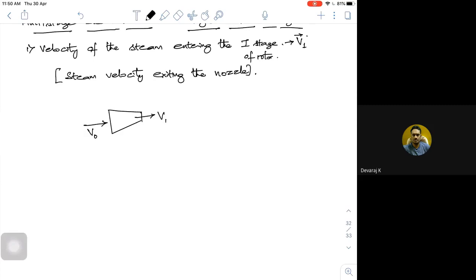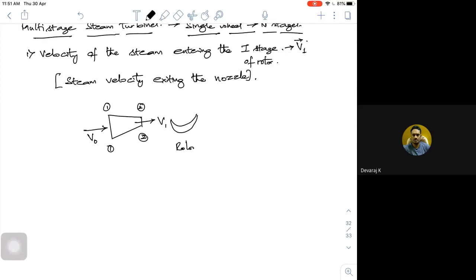This is 1, 1, and if I call this 2, 2, it exits, and this velocity goes and strikes your rotor. This velocity is the one which is going to strike the rotor. So this is your rotor, this is your nozzle.